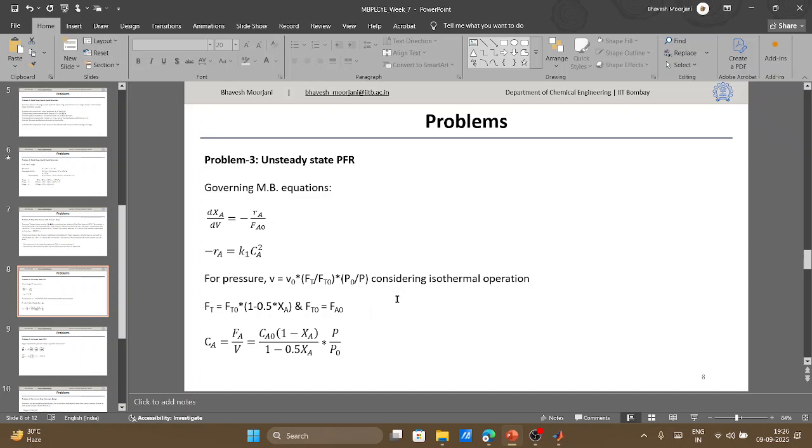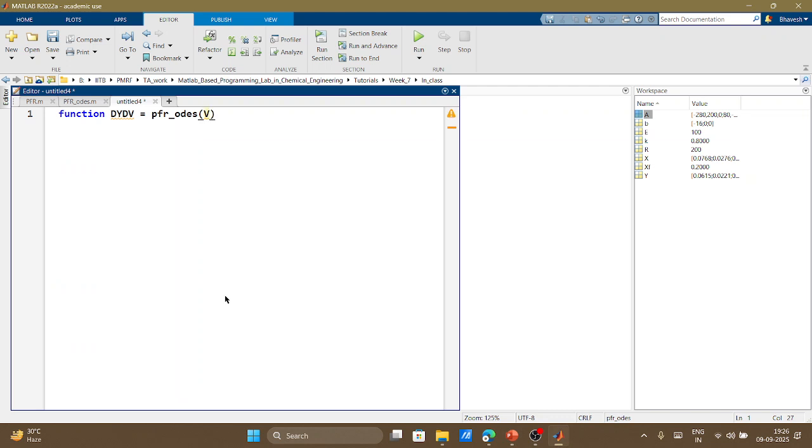There are multitudes of data required. First, my volume will come. It's not taking part in this function particularly, but when we call it in the ODE solver part, we will need it. My variable y will contain my XA and pressure.